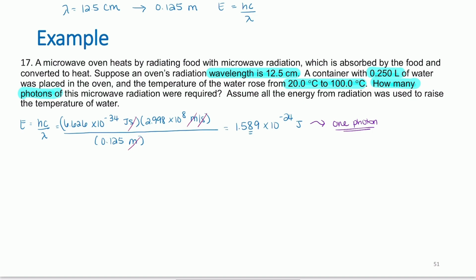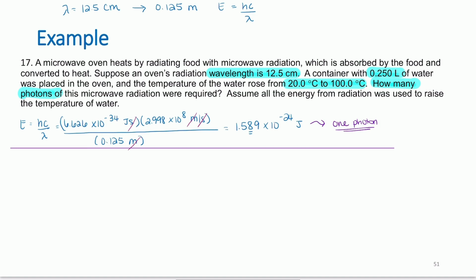Now, I need to know how much energy I need overall, how many photons I need to raise the temperature of 0.25 liters of water from 20 degrees C to 100 degrees C. How the heck am I going to do that? Well, I need to figure out how much energy I need in total.